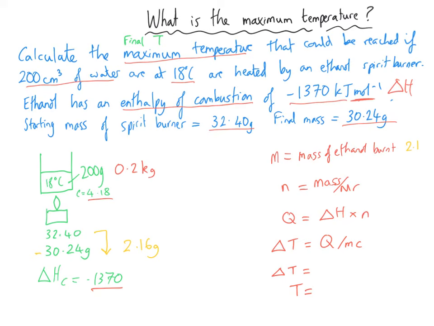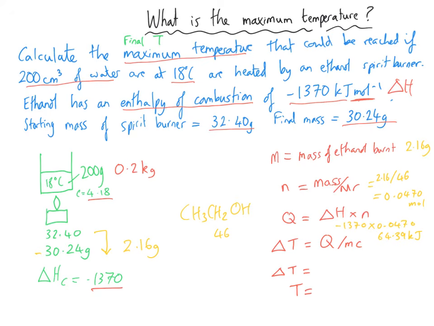of ethanol being burnt. Then the Mr of ethanol, which is CH3CH2OH, is 46. And so moles equals mass, 2.16, divided by Mr, which is 46, which gives us an answer of 0.0470 moles to 3 significant figures. Now we know our moles, we've got to multiply the enthalpy change, which is minus 1370, by the number of moles, which is 0.0470, and that gives us an answer of 64.39 kilojoules.